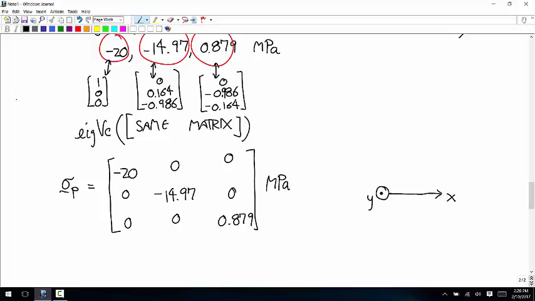Not exactly, but it's pretty close to exactly in the negative z direction. Yes. Thank you. And then my new z-axis is basically in my negative y direction. So this way.